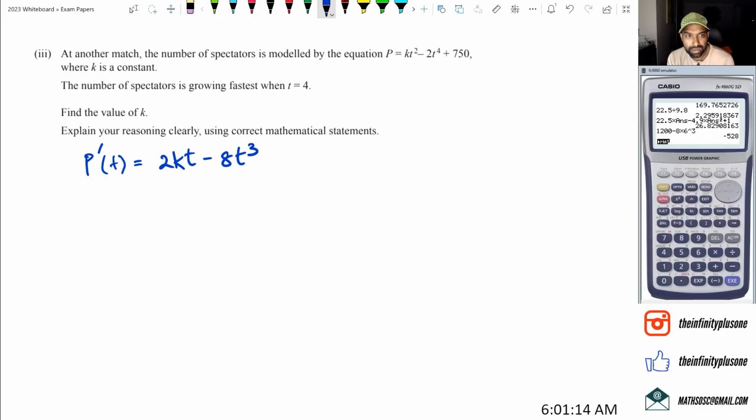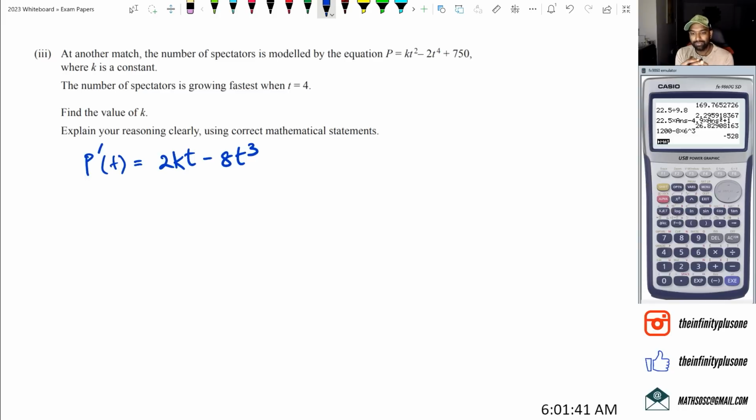The number of spectators is growing fastest when t is equal to 4. Basically, that's telling us that the gradient function is maximum when t equals 4, not the function itself. That means you need to differentiate it another time, because we want to find when the gradient is maximum, that's the rate at which something is changing, right?